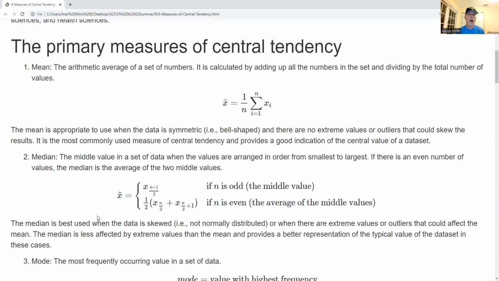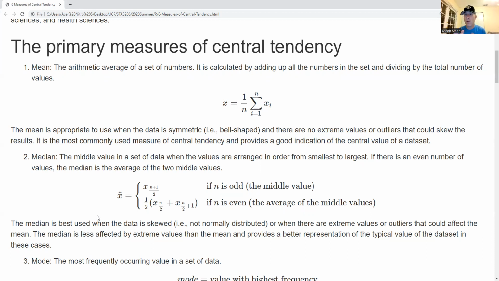So when do we not want to use the median? The median is a worse choice when I only have a few values in there. Let's say all my data is 5 or 6.